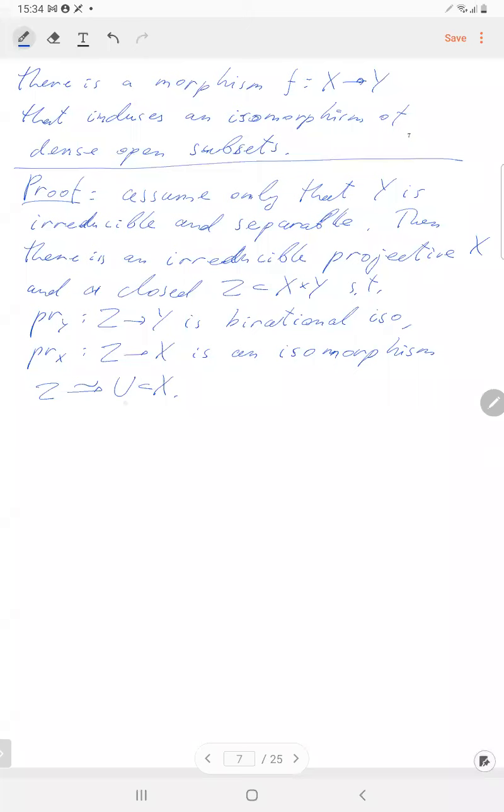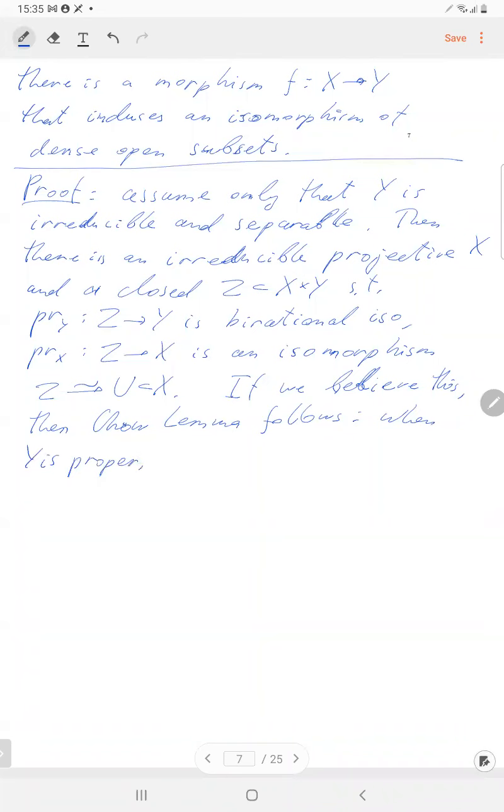First of all, this claim immediately implies the Chow lemma. So if we believe this, then Chow lemma follows, namely, when y is proper, then the projection to y of z has the closed image, right? By the definition of being proper.